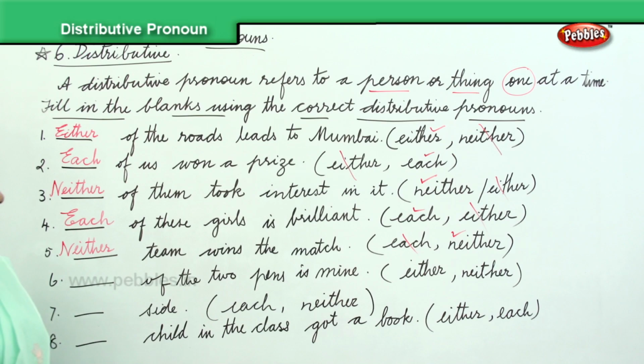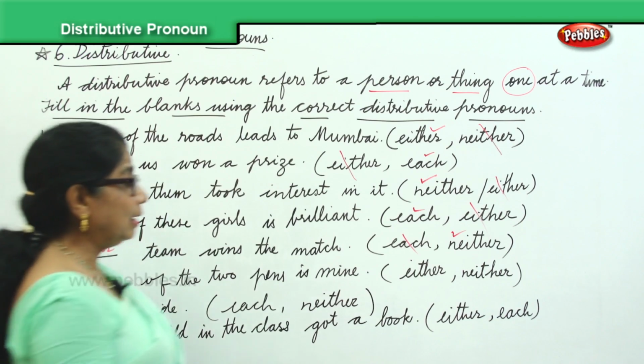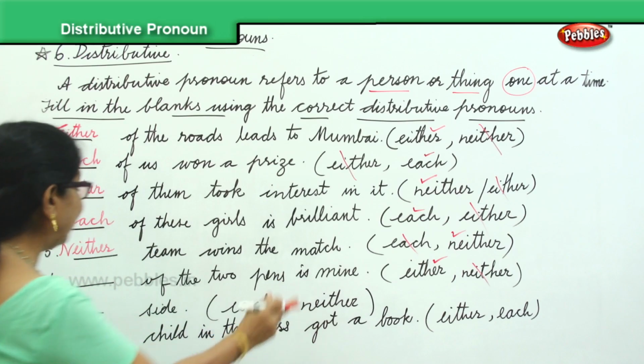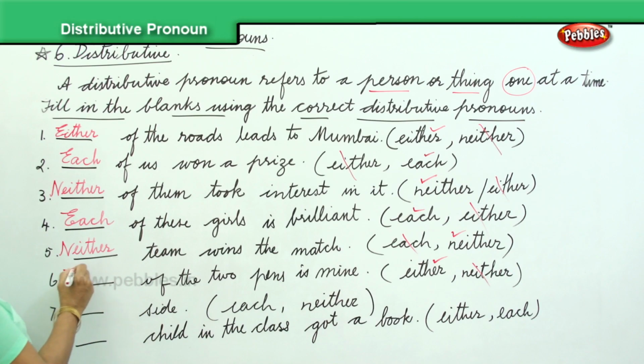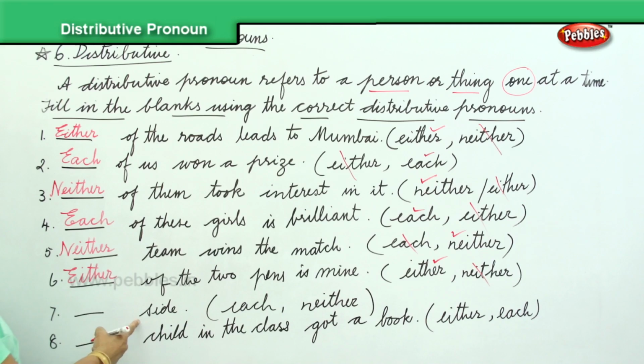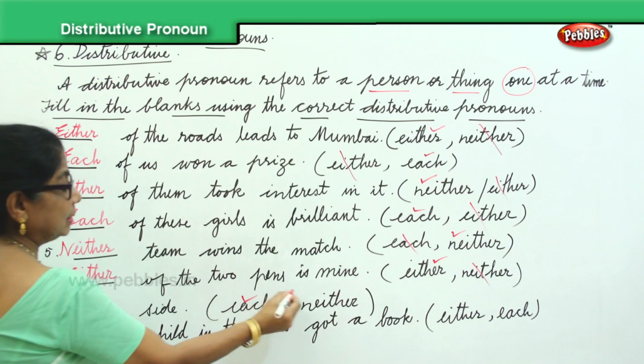The sixth one, dash of the 2 pens is mine. You can say either of these 2 pens is mine. Either. Either of these 2 pens is mine. Next. Each side. Very easy this is.